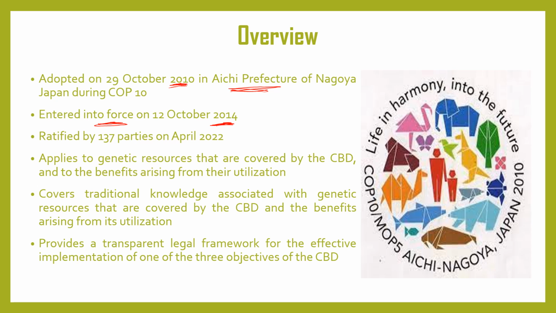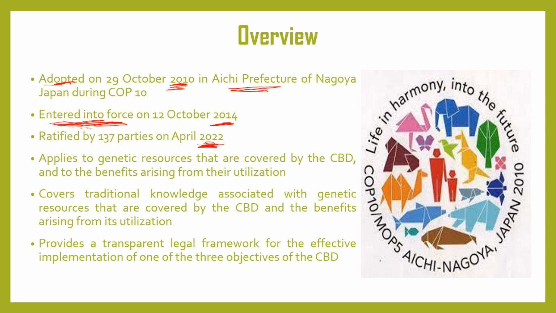Adoption basically means that whatever set of rules was set was actually agreed there in 2010. Entering into force means that the nations agreed and signed for this protocol, and then in 2022 it was ratified.